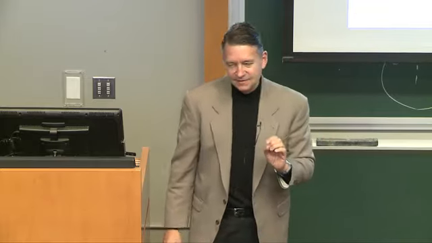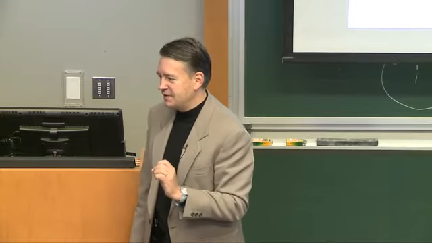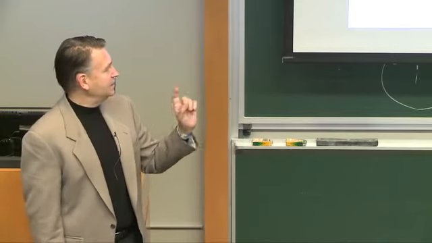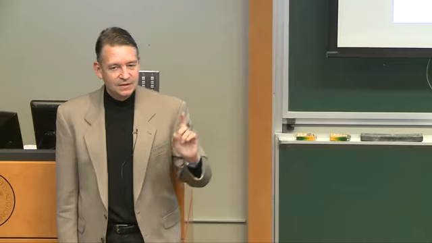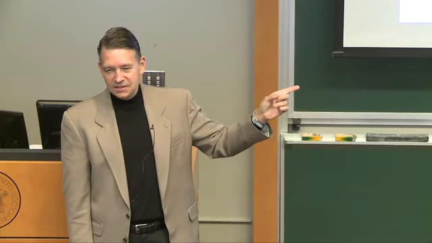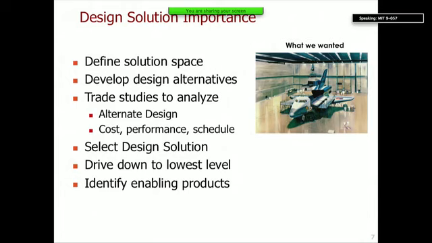The best illustration I can give you of why this matters is these two pictures. The top picture was drawn in the 70s to sell the space shuttle program to US Congress. This was the vision.